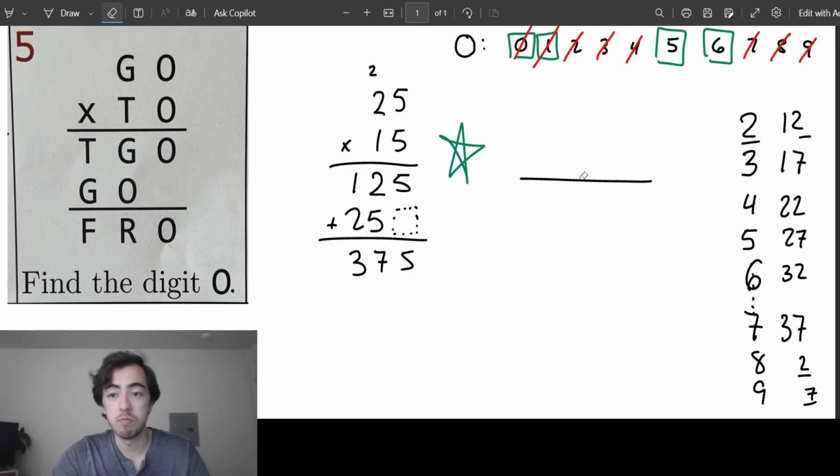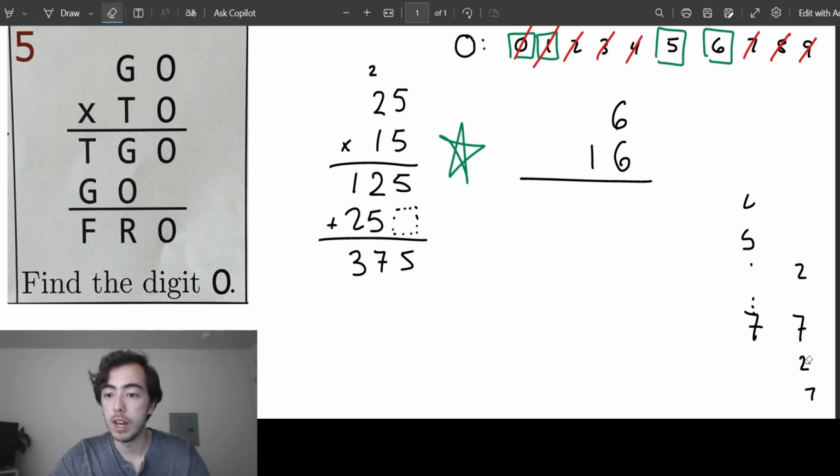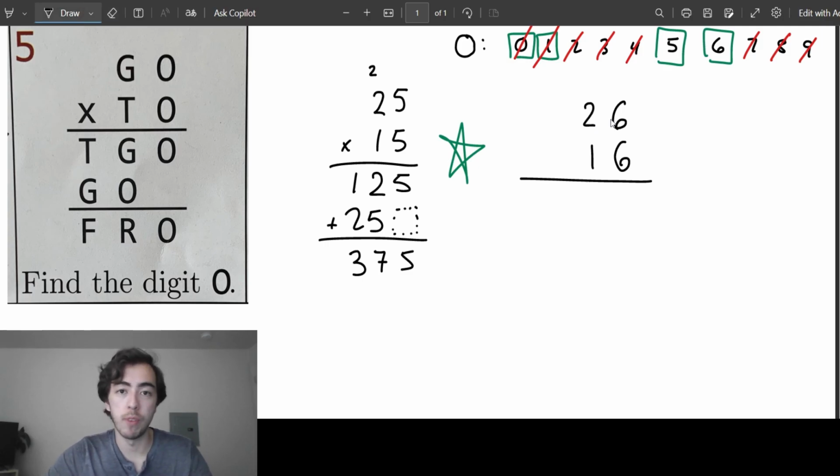There's potentially an answer out there. I want to rule them all out. So we could place a 6 here and a 6 here. T, again, has to be 1. And then I guess we could play the same game and try to see what G is going to be. I think clearly the first number to pick is a 2. This is a 36. And then 6 times 2 plus 3 is 15.